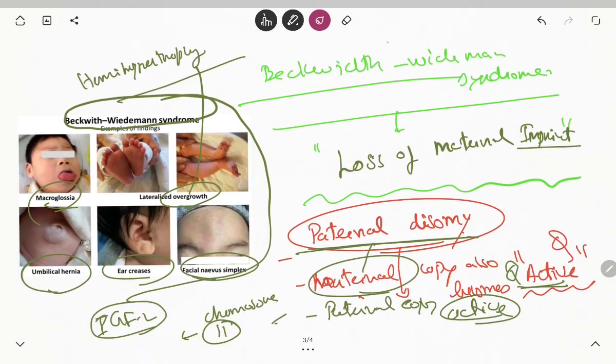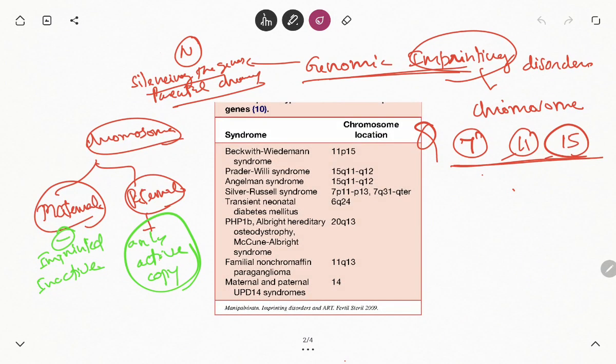We will see in this chart that Beckwith-Wiedemann we told is chromosome 11 and it is paternal disomy. Prader-Willi is seen in chromosome 15. It is deletion, paternal deletion.